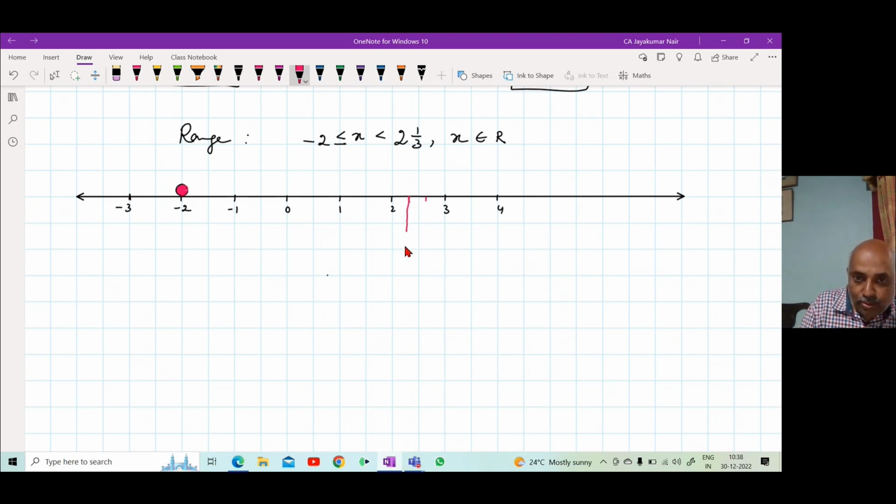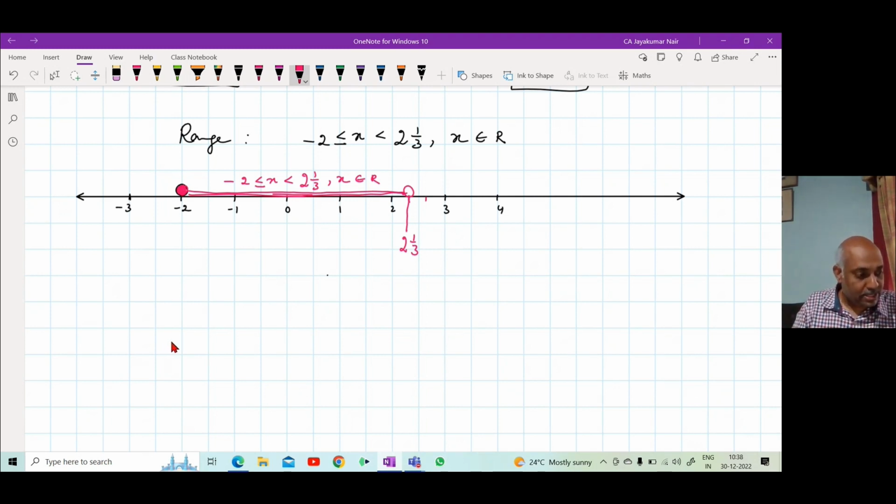So 1/3 will be here, 2 1 over 3. Make this hollow because there is no equal to sign, and you darken this line. Write here x greater than or equal to minus 2, less than 2 1 over 3, and x belongs to real number. So this is the answer for eighth main first one.